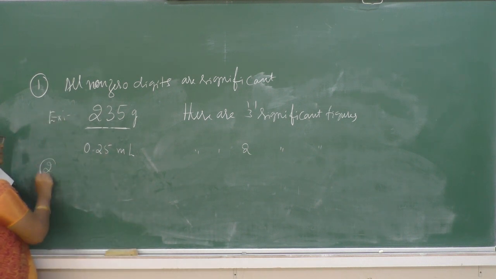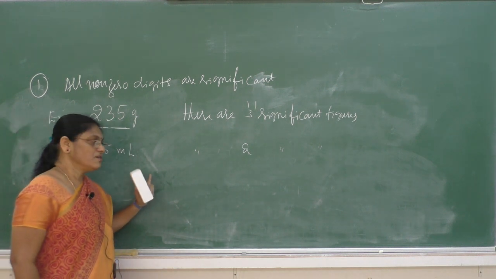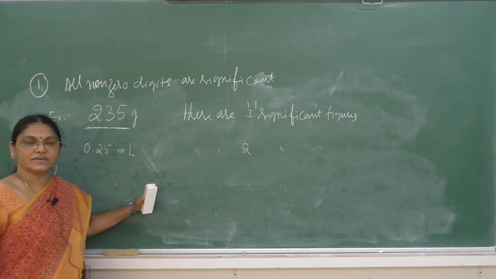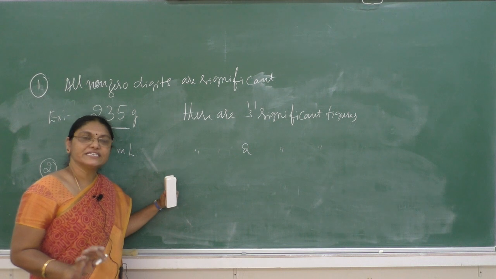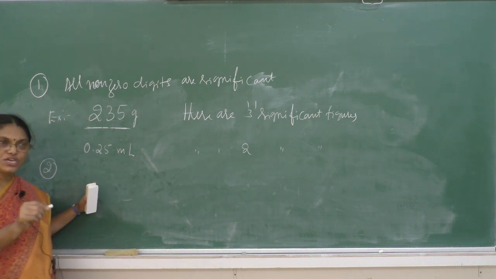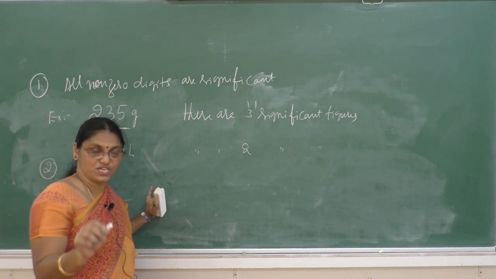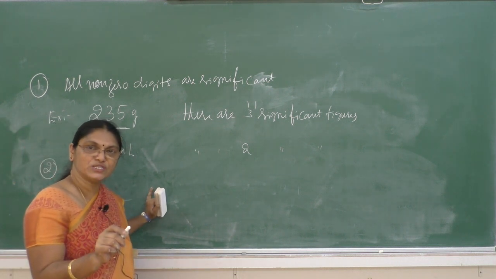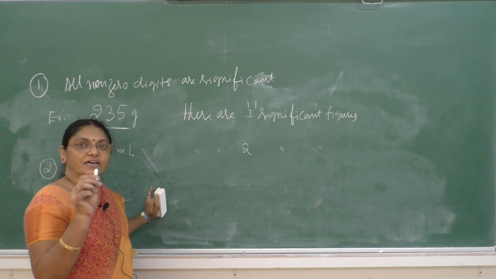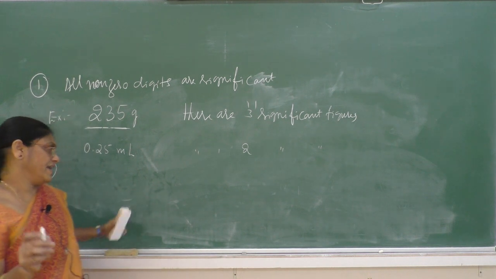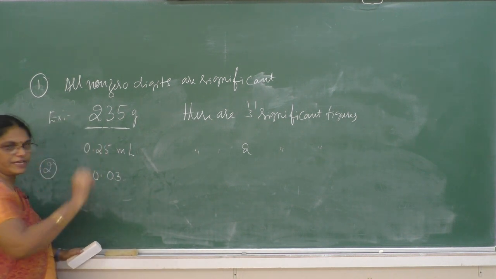The second rule is the zeros preceding the first non-zero number are not significant. For example, 0.03.